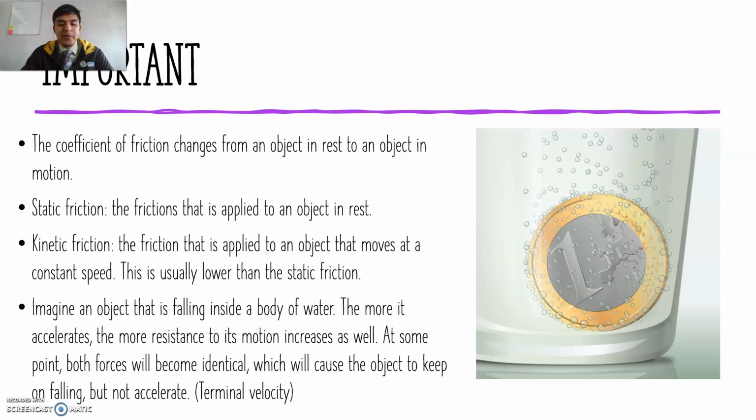Remember that we are considering the frictional force, and it also stops the speed from increasing. So at some point, this maximum speed of 2 kilometers per hour is going to be the maximum speed that the coin can achieve. Of course, it will continue falling, but at a constant speed. And basically, that's what we know as terminal velocity.